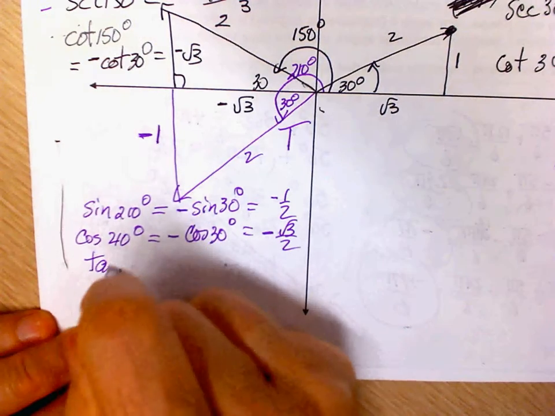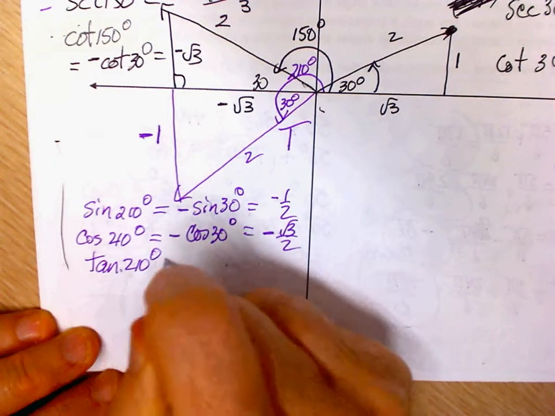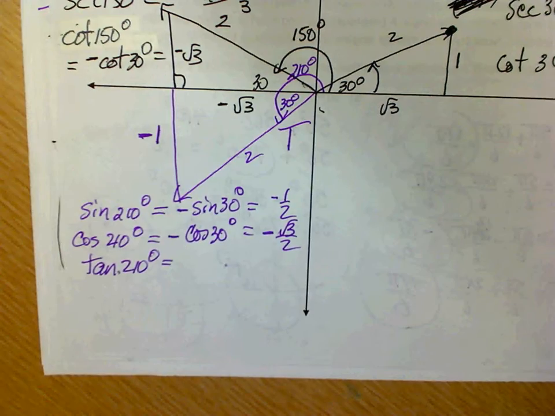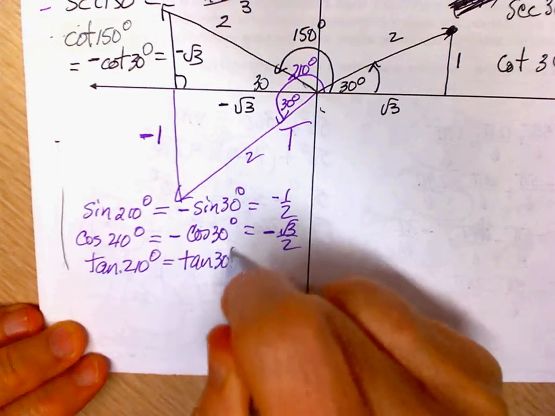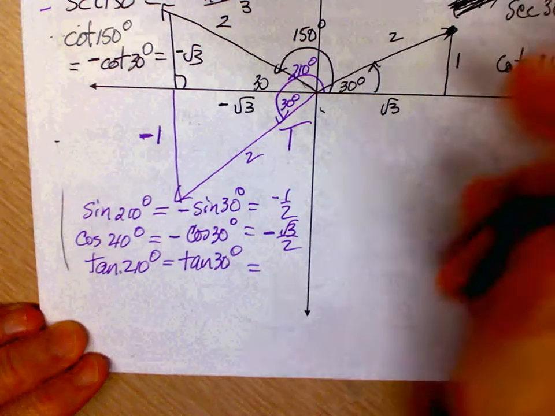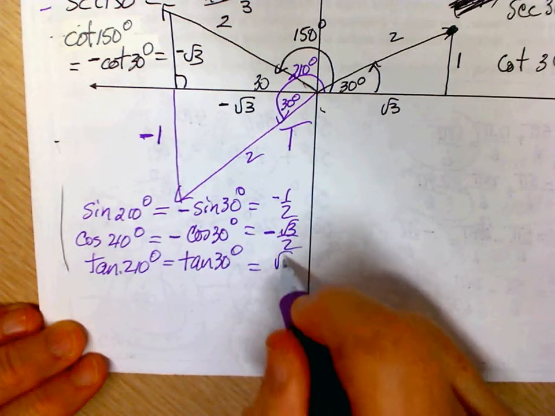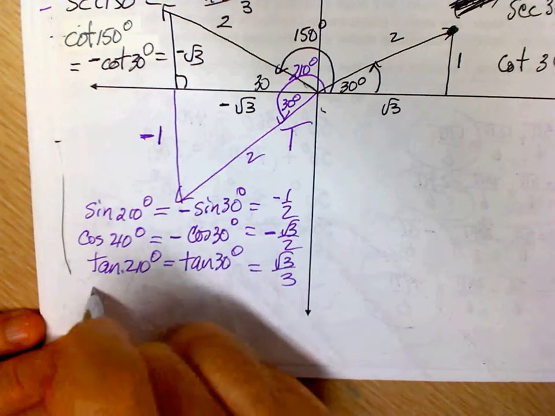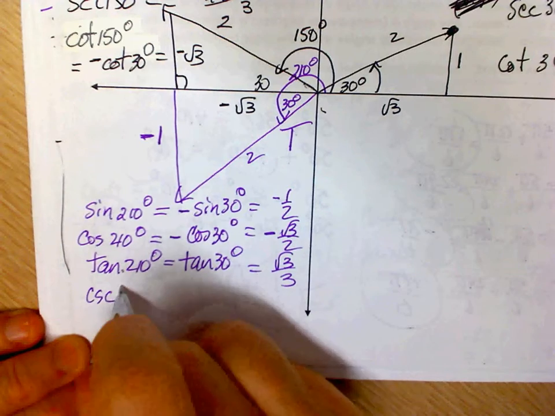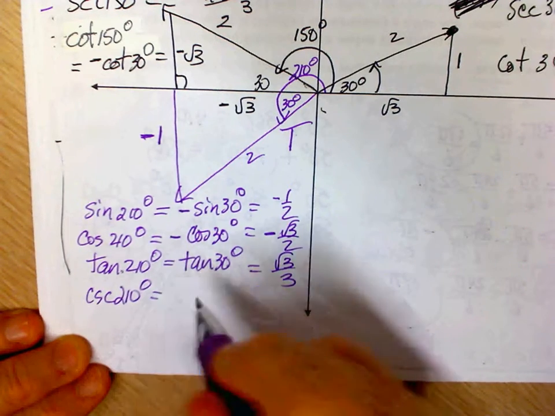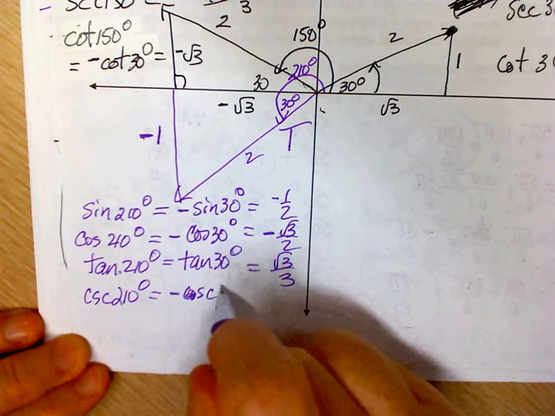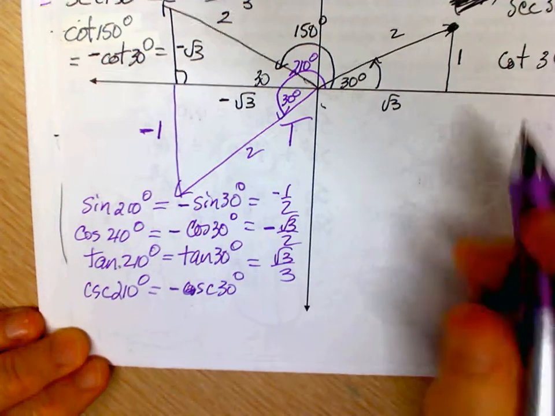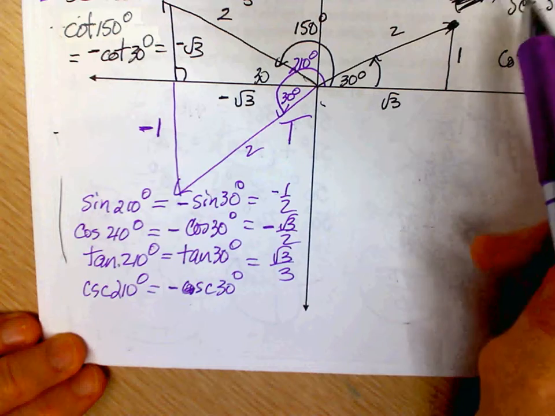Tan of 210 degrees is equal to, well, tan is positive here, so it's going to equal the tan of 30 degrees, and that will be root 3 over 3. Cosecant of 210 degrees will be the negative cosecant of 30 degrees, and that is equal to negative 2.